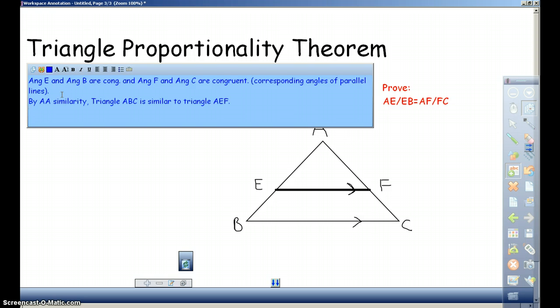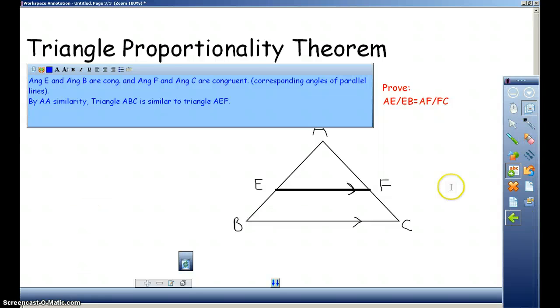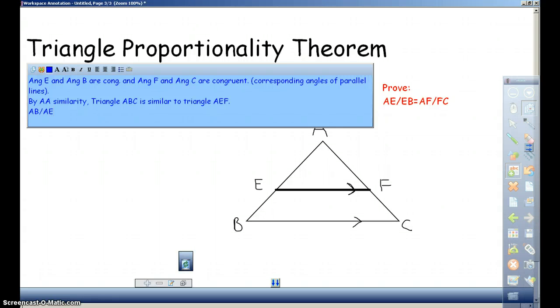So now remember the rules of similarity. What do we know when things are similar? We know that the corresponding sides are proportional. In other words, we can write a ratio of the corresponding sides and it's going to remain constant, the same ratio. So we could put, for example, AB over AE, which is this side AB corresponds to this little side AE.